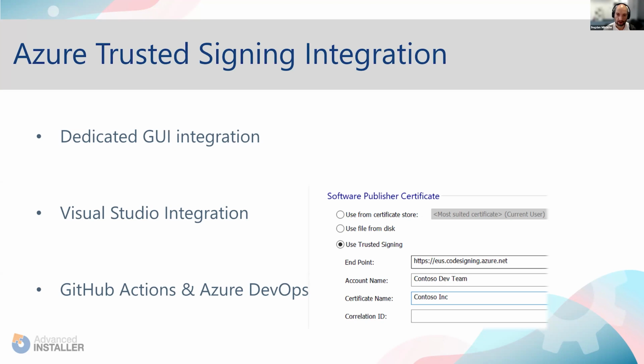So before you fill in these details in Advanced Installer, you will need to authenticate via one of the methods provided by Microsoft. It can be setting some environment variables. It can be a browser interactive login. You can have a Visual Studio login on that machine, as we do on our build servers.